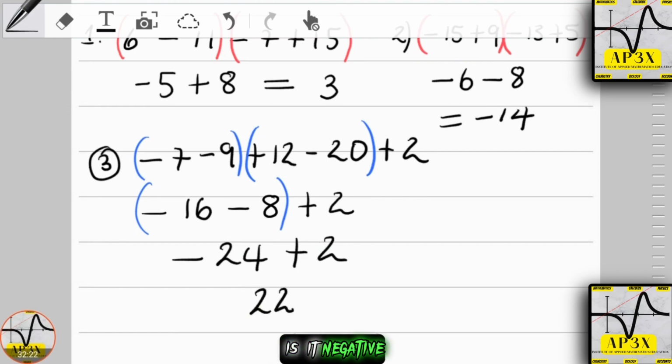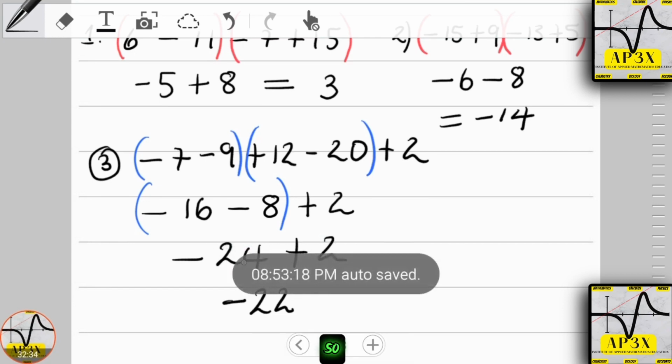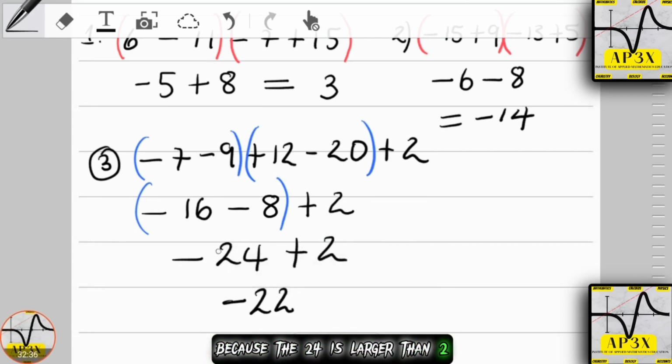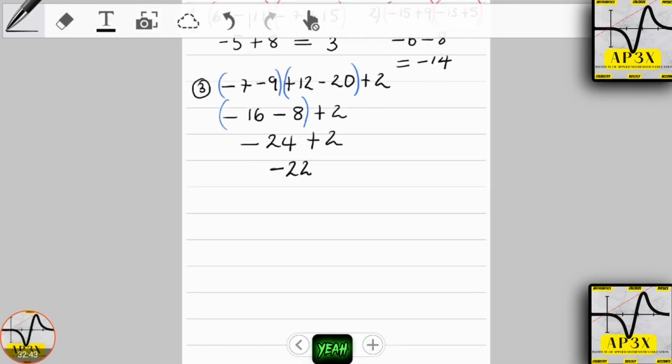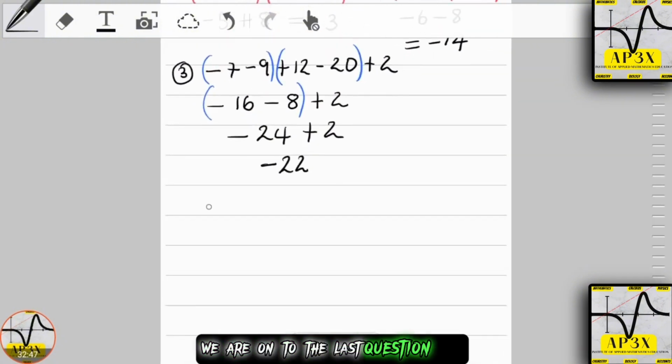But is it negative or is it positive? Well, it is in fact negative. Why? Because the negative is the sign that is attached to the larger of the two numbers. Because the 24 is larger than 2 and the 24 is negative, our answer will remain negative here. All right, beautiful. So we're on to the last question.